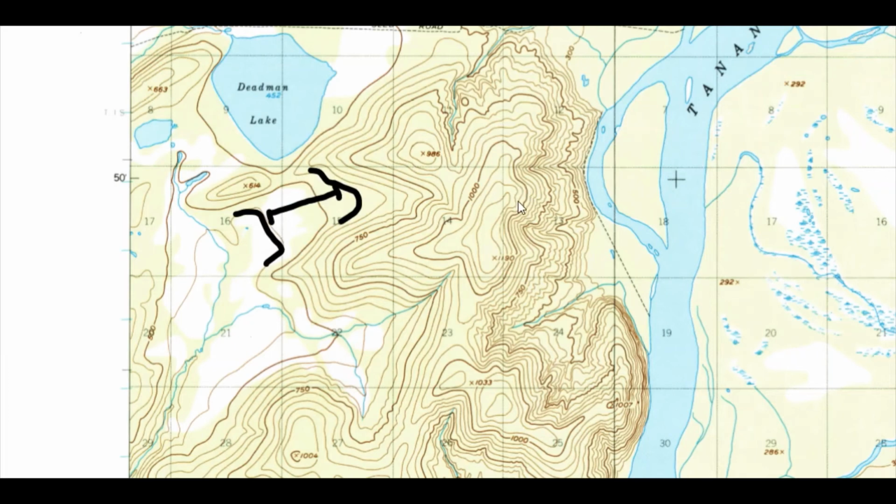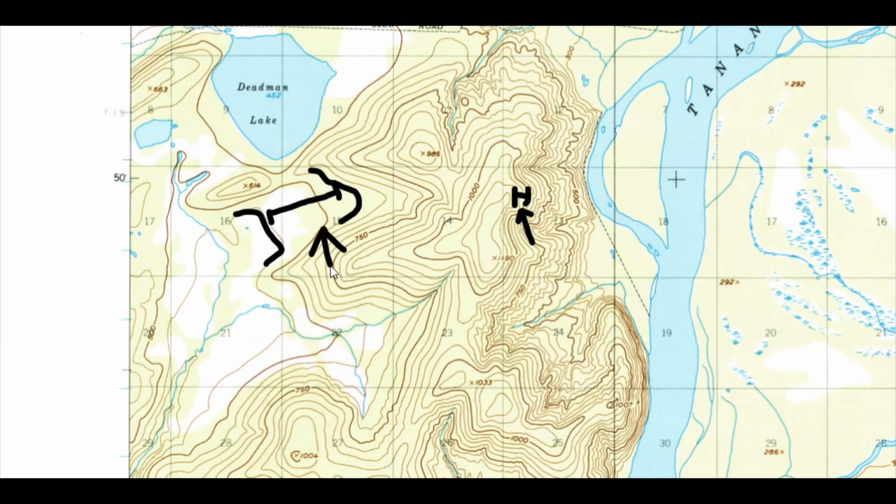Whereas if you're looking at contour intervals from here and here, we have a 100 feet rise in this small area. So we can understand now that this would be very steep, where this one is a very gentle slope.